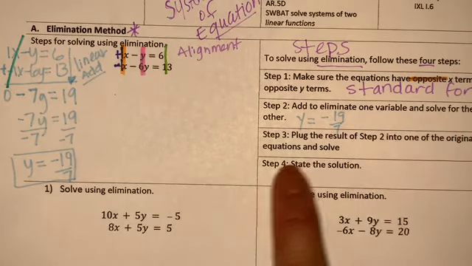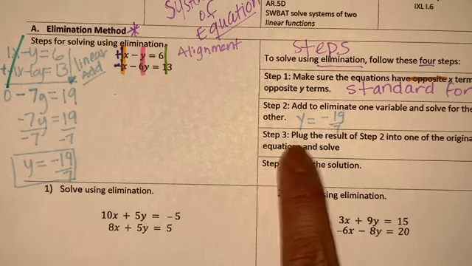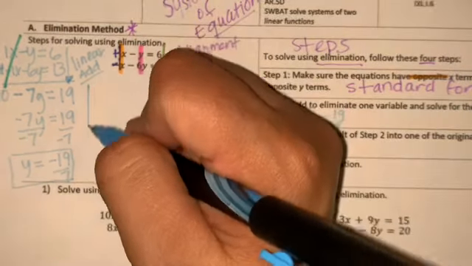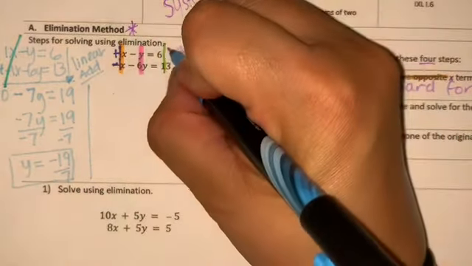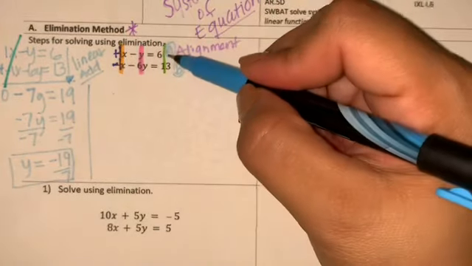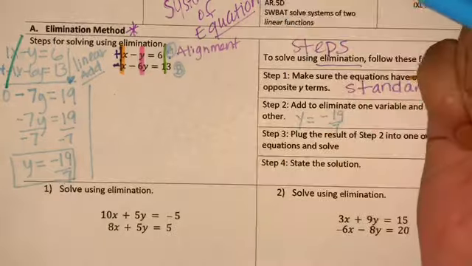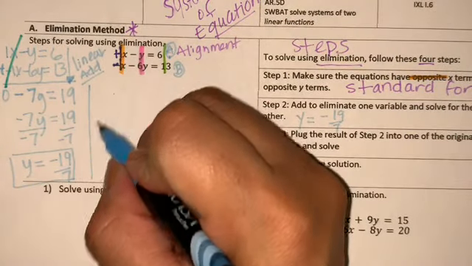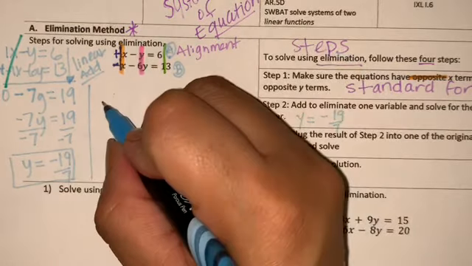And it says plug the result of step 2 into the original equations and solve. So let's go ahead and do that. You have equation A and equation B. I'm going to use equation A, but it doesn't matter which one you use. So now this is going in for y.